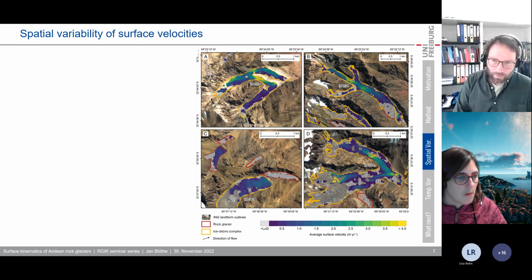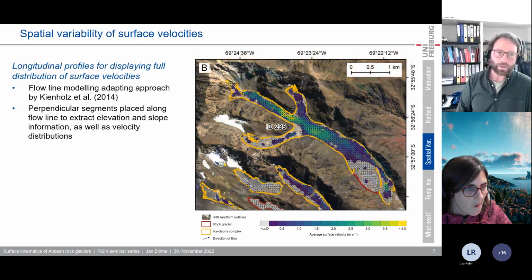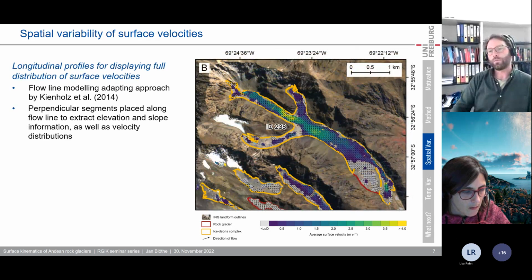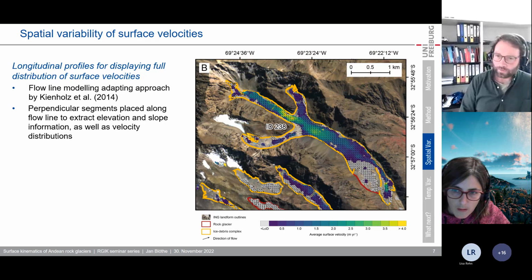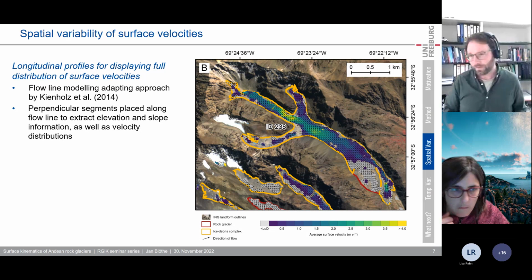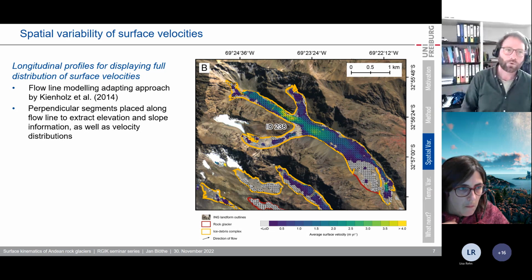So my point would be, if we want to come to a very honest and complete representation of these velocity fields that are highly variable within one landform, we need to find a way to look at this in a bit more closer detail.